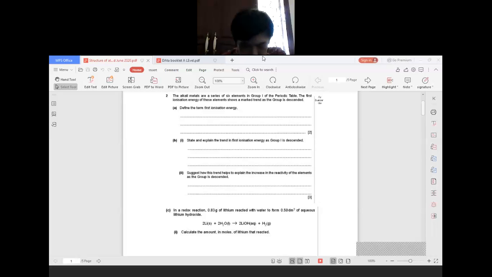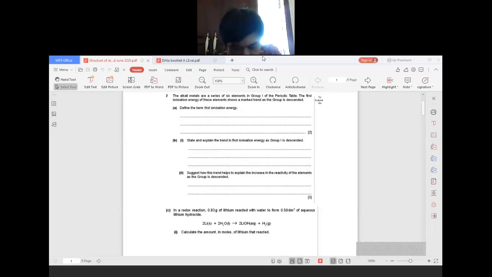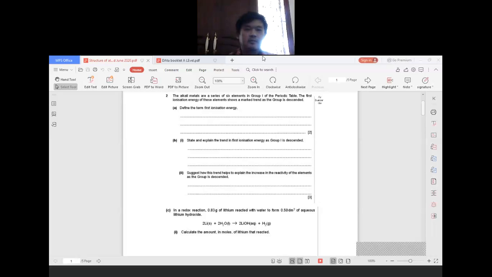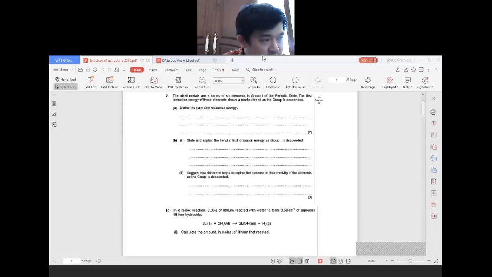As we go down, the reactivity increases because when electrons can be removed more easily, it is more reactive. Yes, correct. As it goes down the group, less nuclear charge, easy to lose electrons. The electron makes the reaction occur.